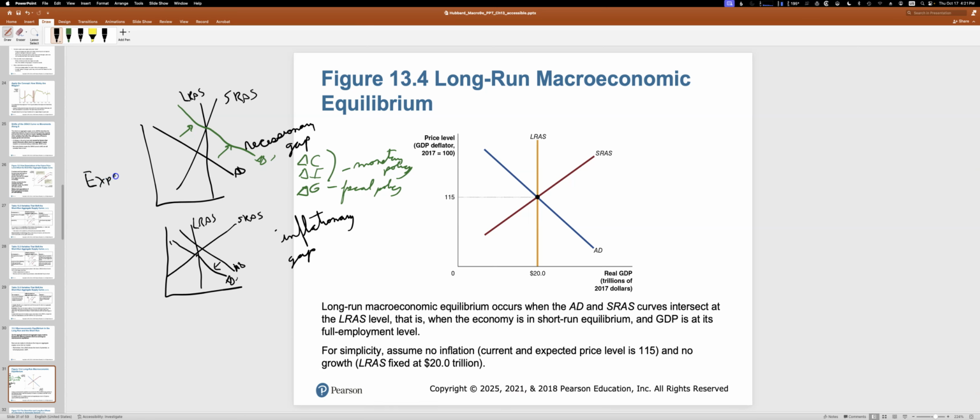We're going to see here that in this example, I'm going to use expansionary fiscal and monetary policy. And over here, I'm going to use contractionary policy. Meaning I'm going to reduce things.